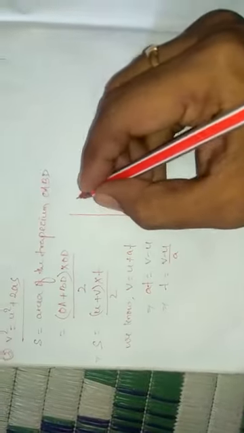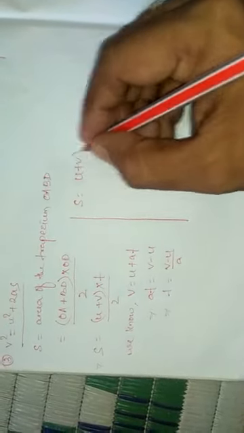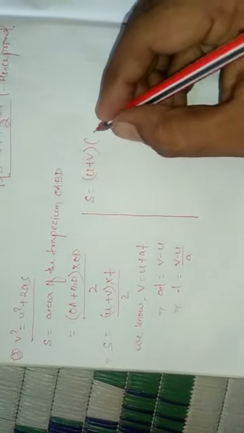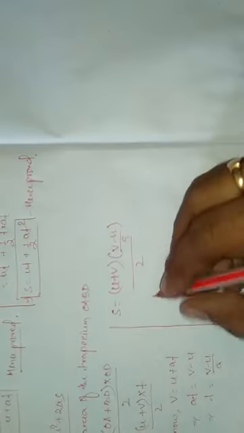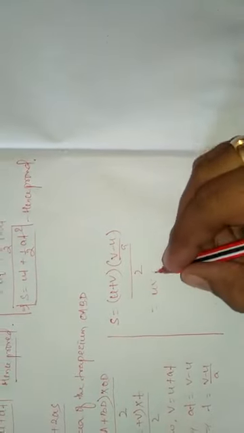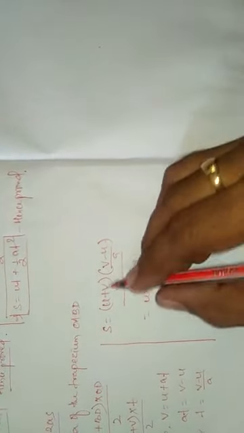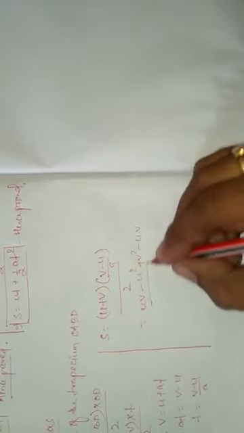So this becomes s equals u plus v whole into v minus u by a, divided by 2, or it comes out to be uv minus u square plus v square minus uv, whole divided by 2a.